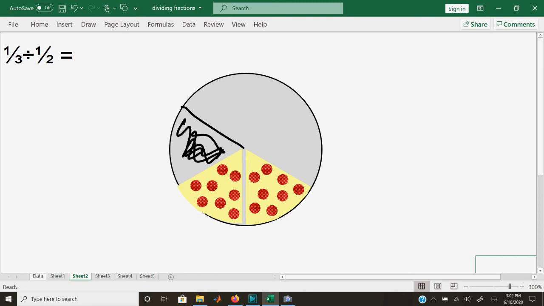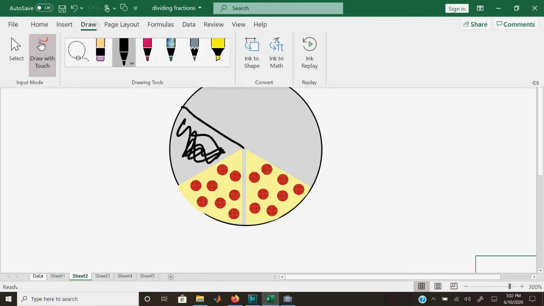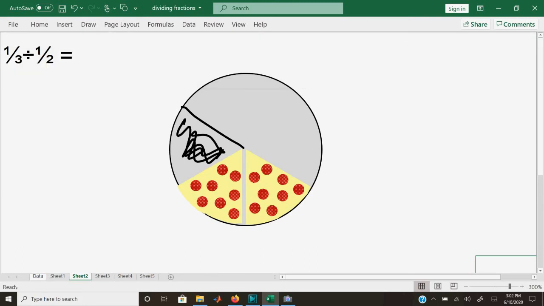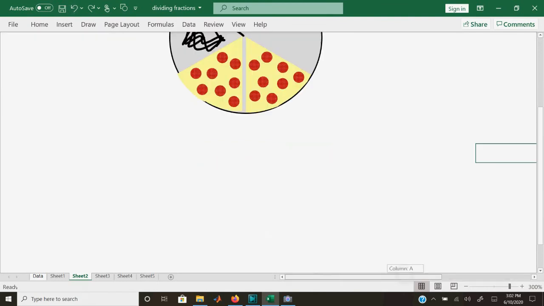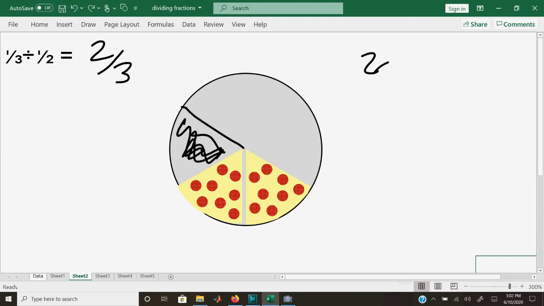So if I look at how many halves I have, I can see that I have 2/3 of a half, or I have 2/6 out of the 3/6.